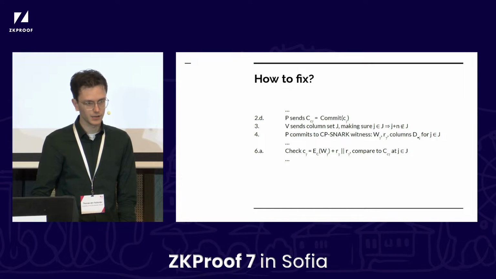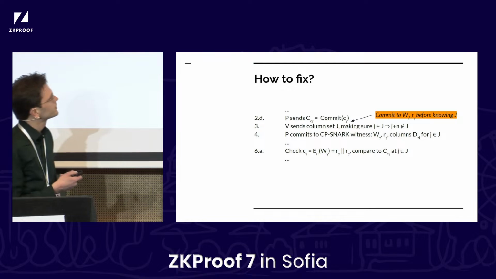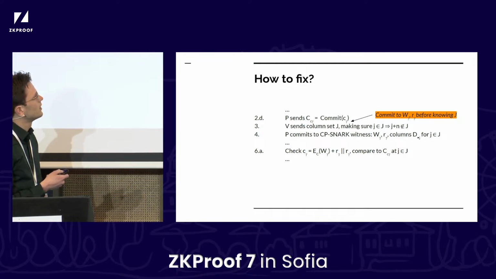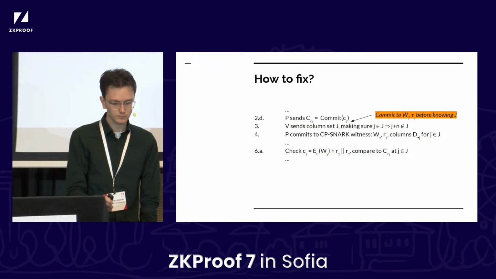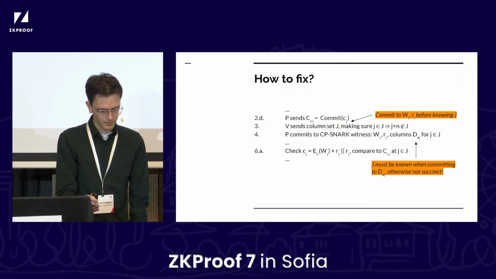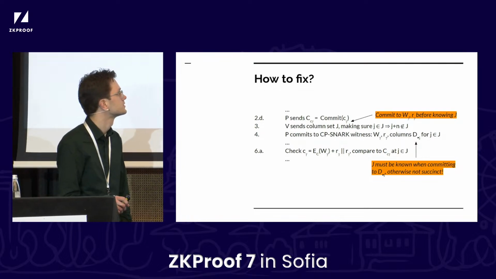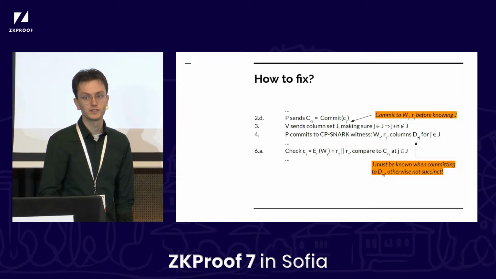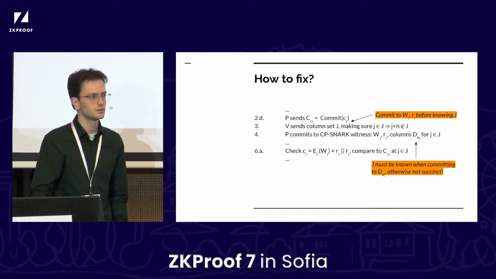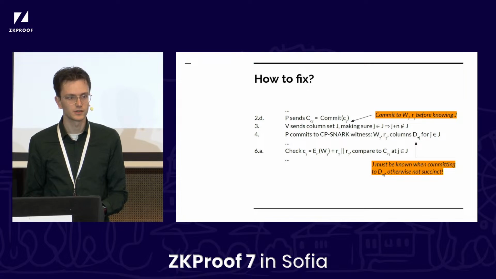So then the question is how to fix. So really, what is the issue? We have to commit to W gamma and R gamma before we know J. But at the same time, we want to commit to these columns D inside the CP snark, but at this point we want to know J because we don't want to commit to the entire witness in the CP snark, because then we won't have succinctness anymore.